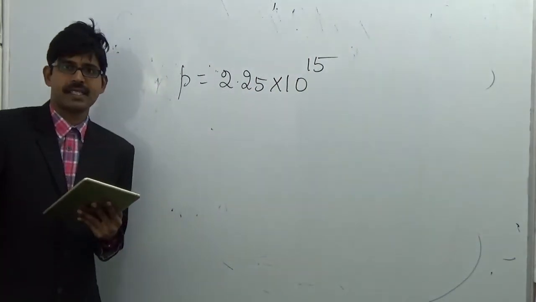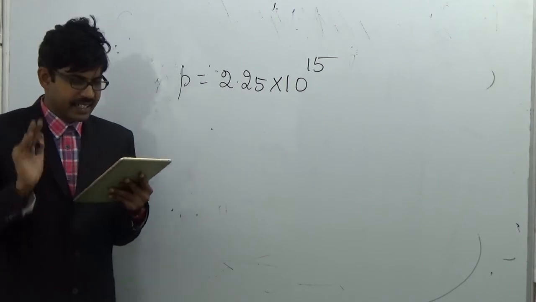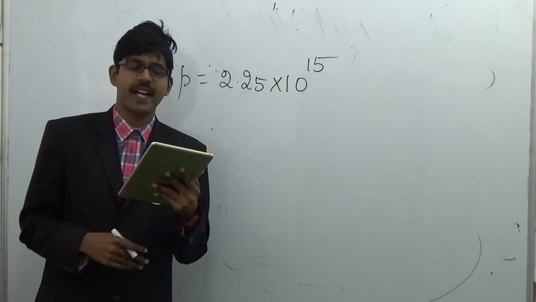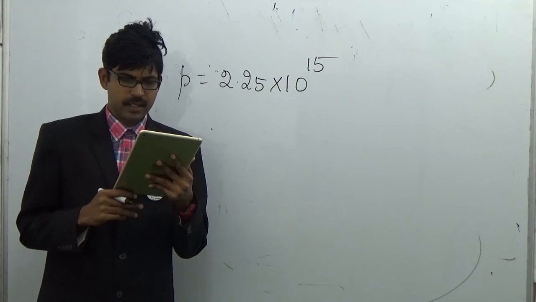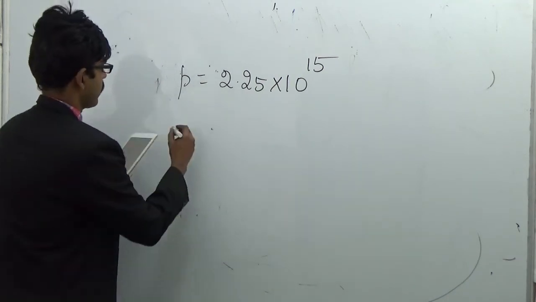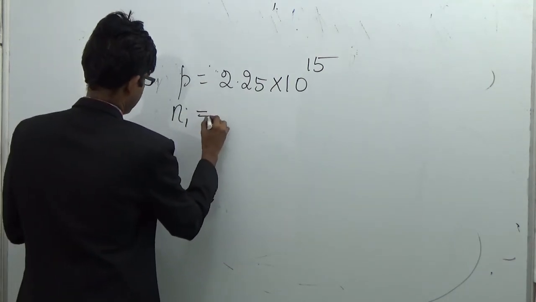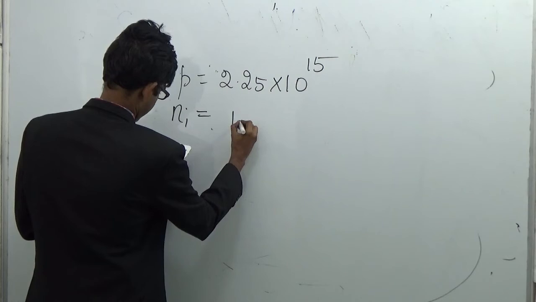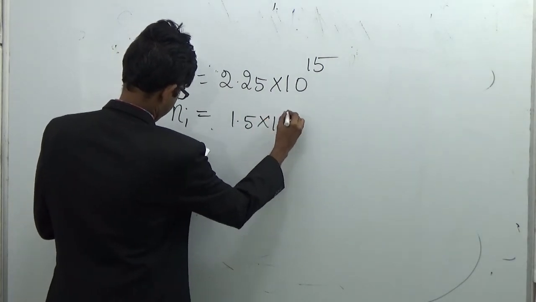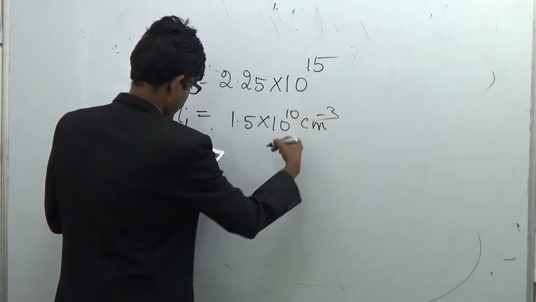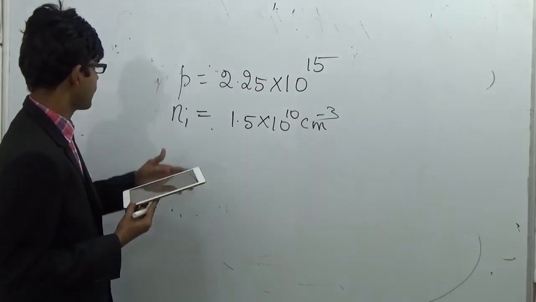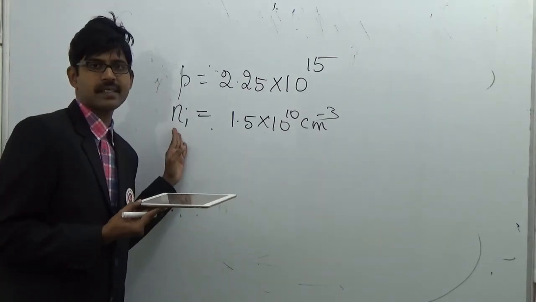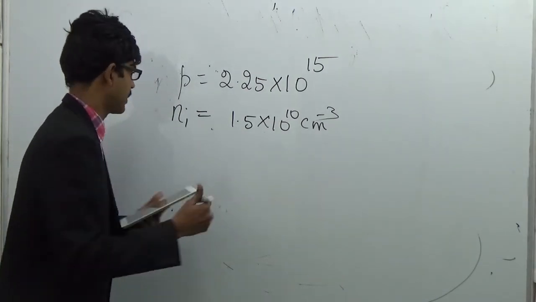This is the hole concentration given, and the intrinsic concentration is 1.5 into 10 to the power 10 per centimeter cube. You are asked to find out the electron concentration. Hole concentration is given, intrinsic concentration is given, electron concentration is asked.